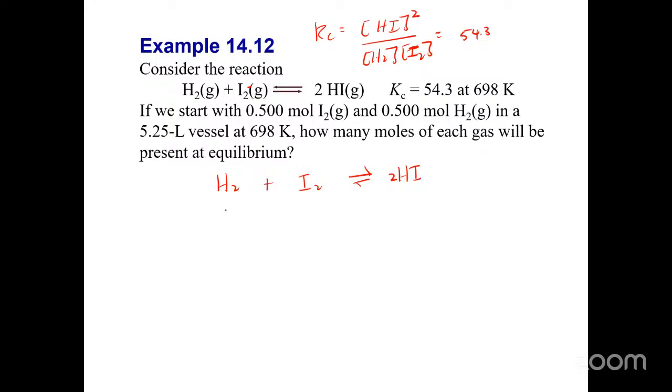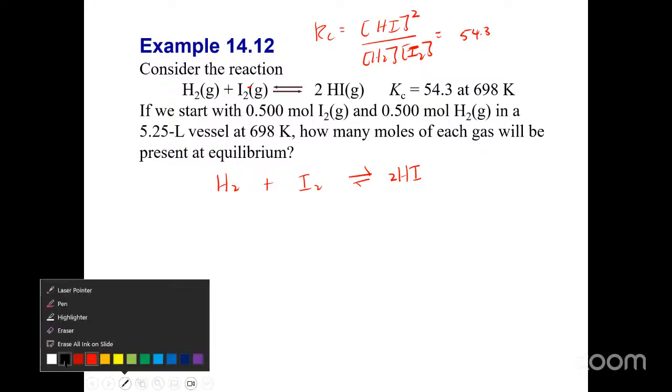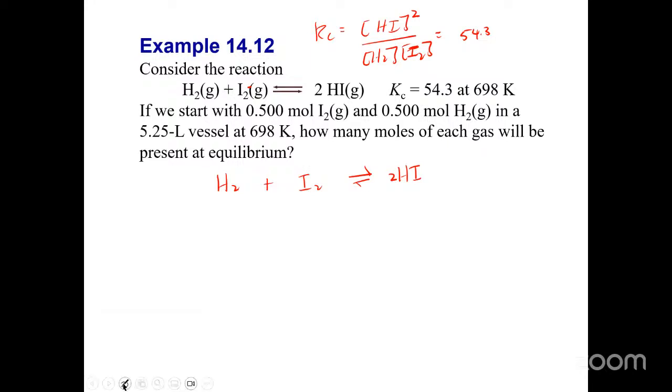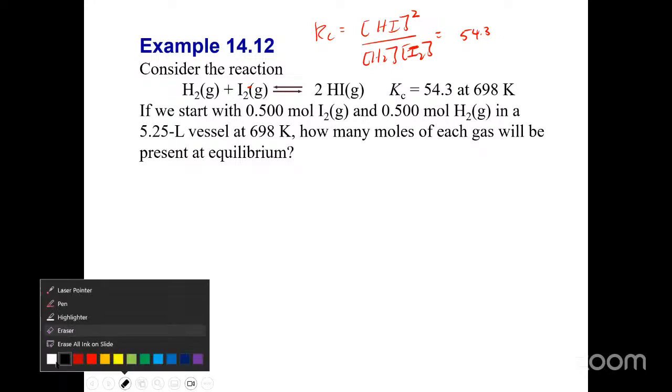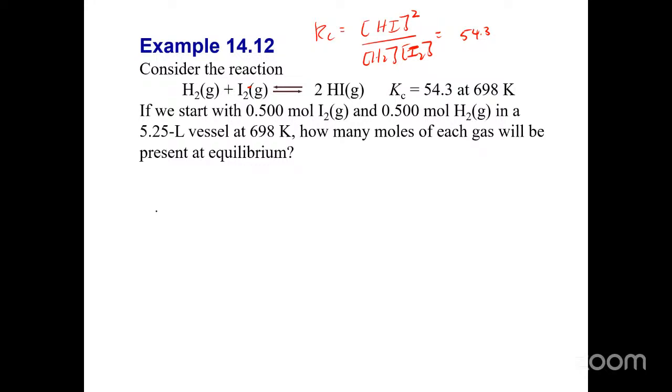So initially, before we do that, I'm sorry, there's something I should have mentioned. Because we're dealing with concentration terms, what we need to do is determine the initial concentrations of whatever is present initially. This allows us to kill two birds with one stone: the number of moles of iodine and H2 would be the same.